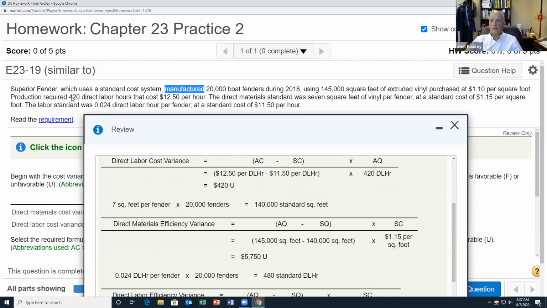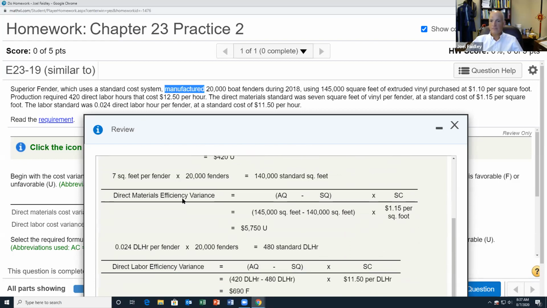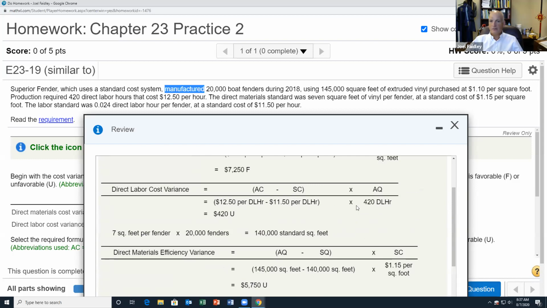Production required 420. So there's my 420 actual hours. Told you wrong. The standard is 0.024 times 20,000. And so 420 direct labor hours times the $1 is $420 unfavorable because I paid $1 more per hour.